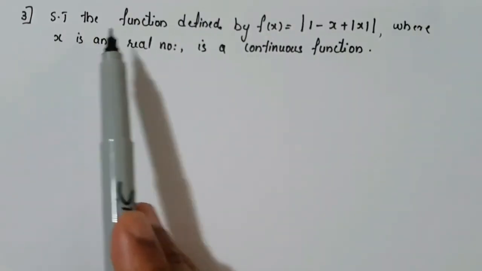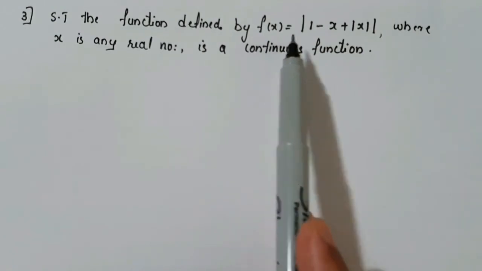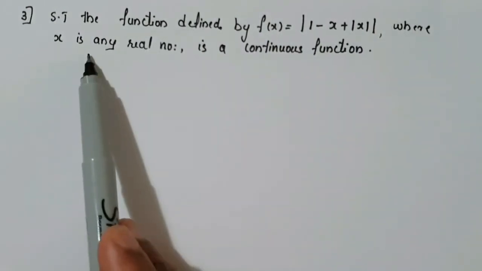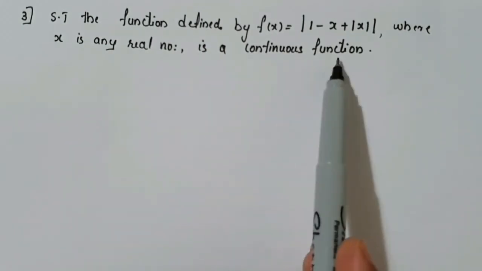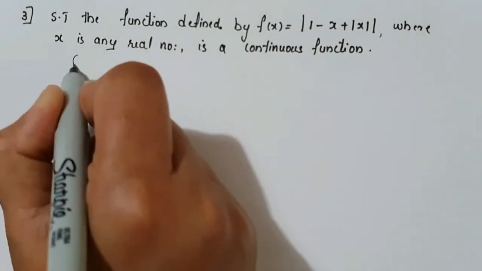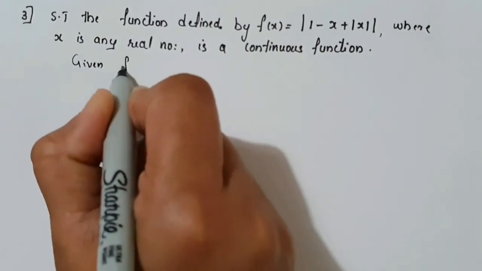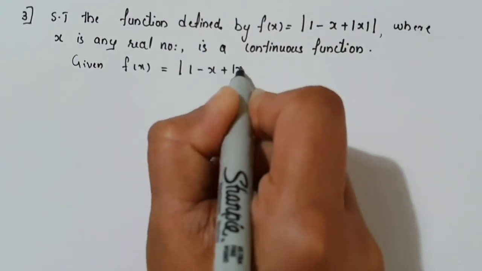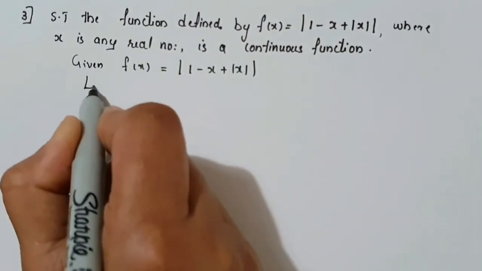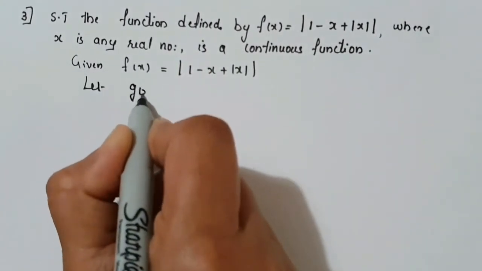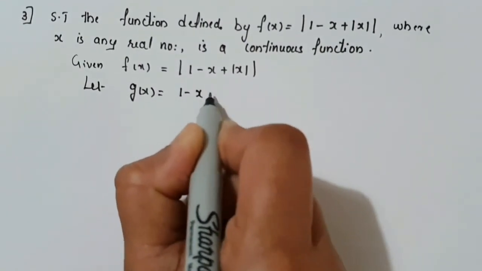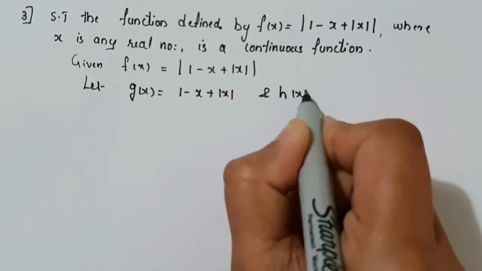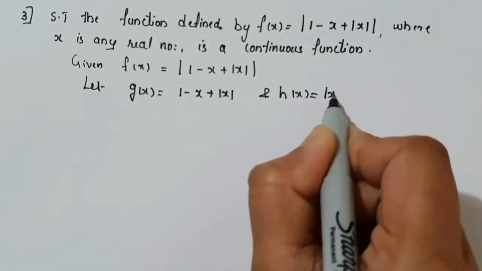Example 3. Show that the function defined by f of x equals modulus of 1 minus x plus modulus x, where x is any real number, is a continuous function. Given f of x equals modulus of 1 minus x plus modulus x, let g of x equal 1 minus x plus modulus x and h of x equal modulus x.